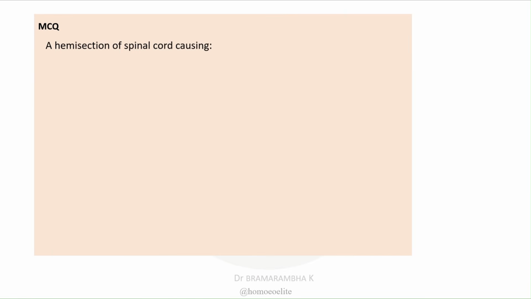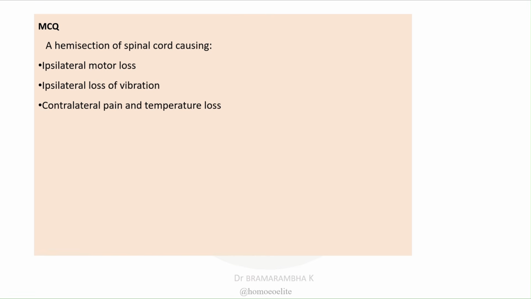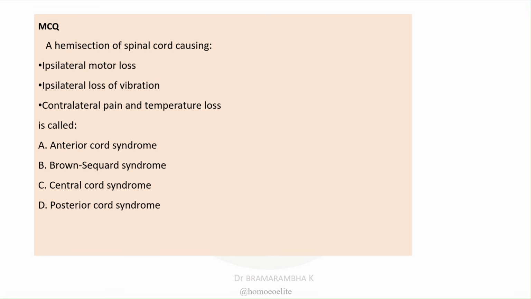Coming to another MCQ: a hemisection of the spinal cord causing ipsilateral motor loss, ipsilateral loss of vibration, and contralateral pain and temperature loss. This is called anterior cord syndrome, Brown-Sequard syndrome, central cord syndrome, or posterior cord syndrome?